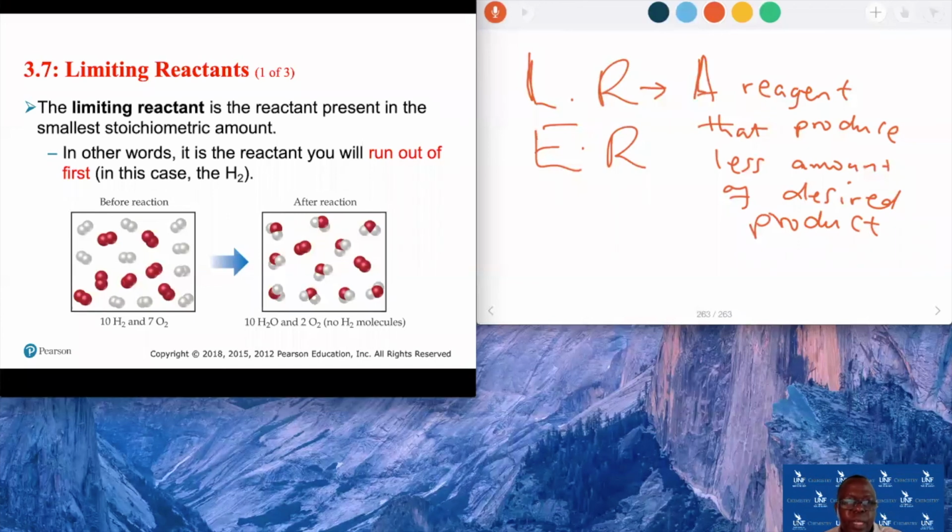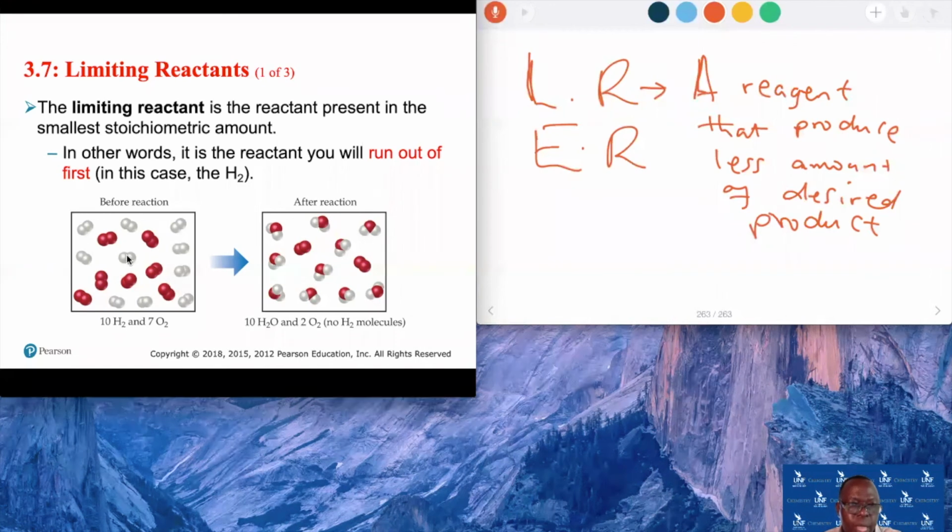If I look at this, rather, oxygen gas is the excess reagent. I don't see any white sphere here, but if you look at the red sphere, there is something remaining. You see this? So this is oxygen. You can tell oxygen is the excess reagent.